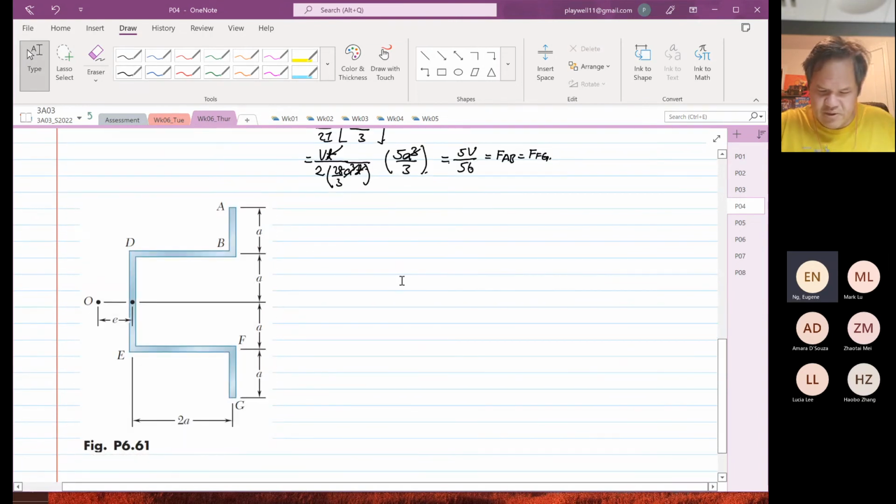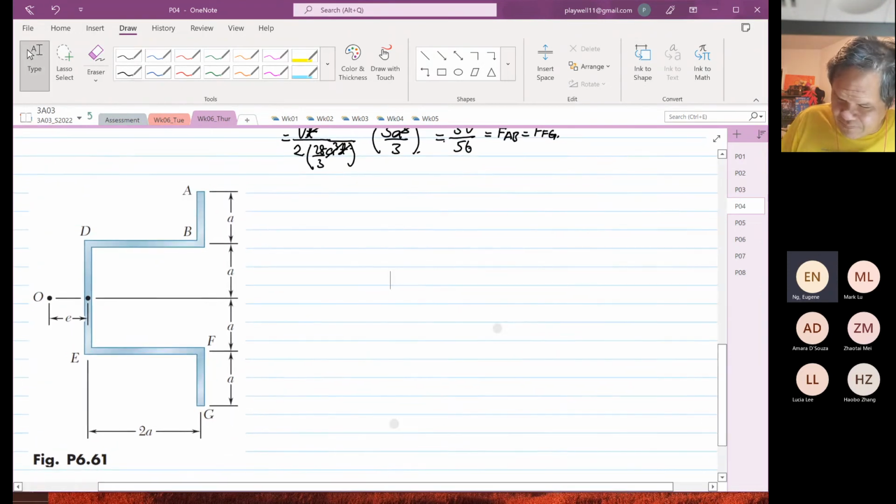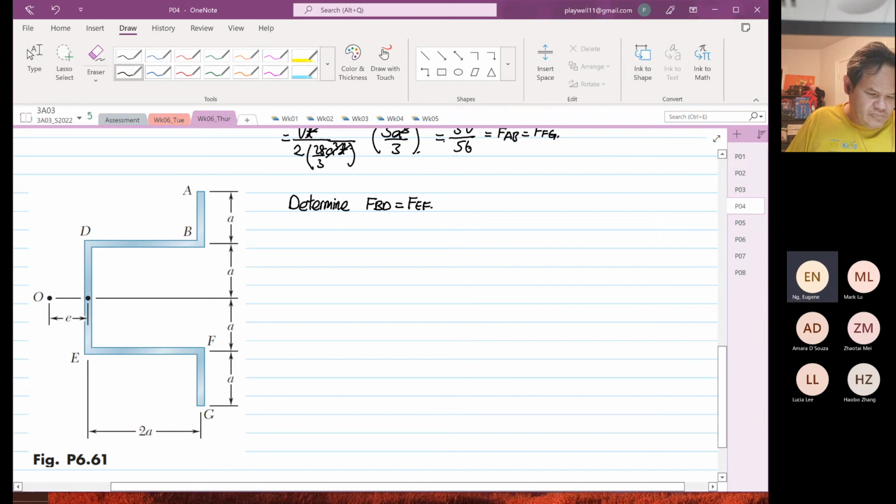This is just doing the math. So now we're going to determine FBD, which is equal to FEF.